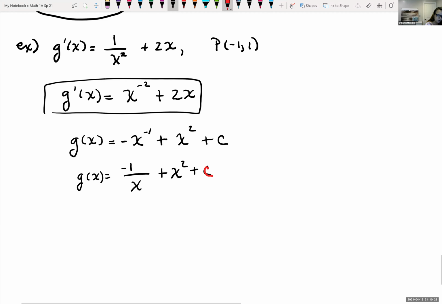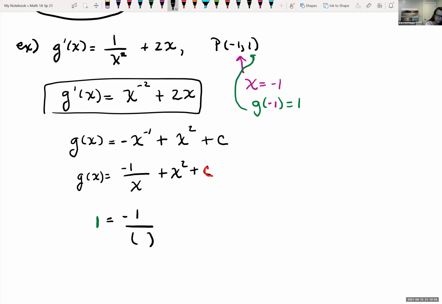And we're given a point. We're given when x equals negative 1, g of negative 1, that y value we get back is positive 1. So when y is 1, this is equal to negative 1 over x, which is negative 1, plus x, which we're plugging in negative 1, plus c.